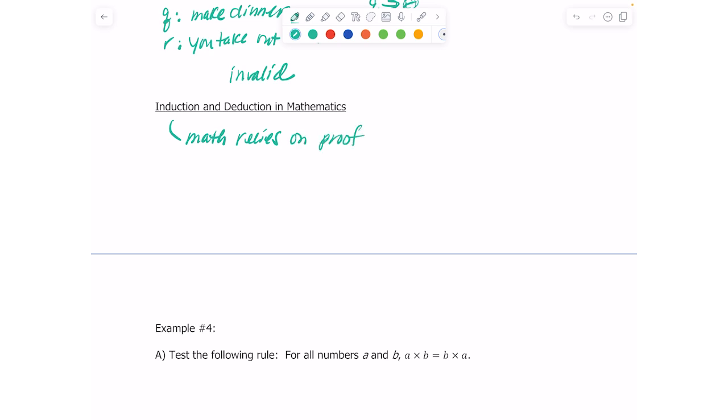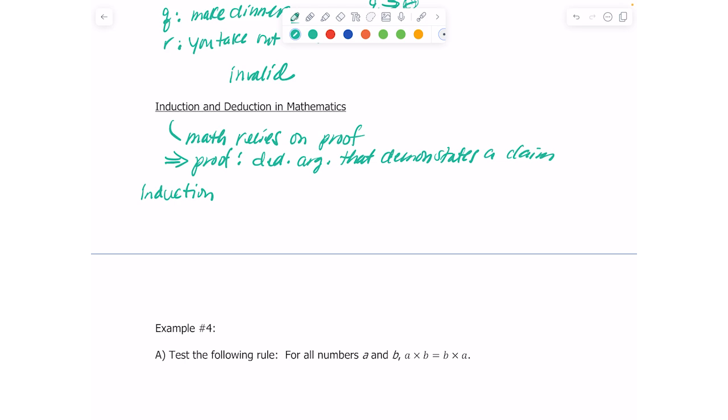Okay, we love proof. What is proof? Proof is a deductive argument that demonstrates a claim. Okay, and you've got induction.